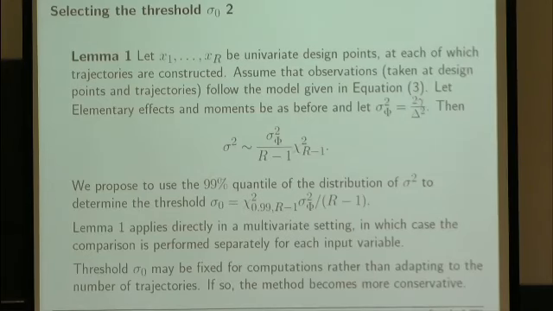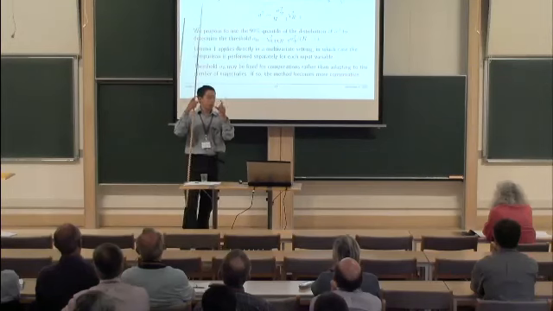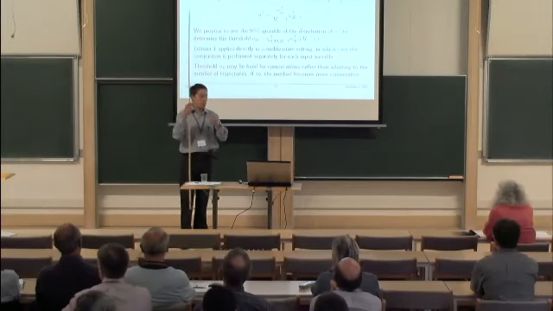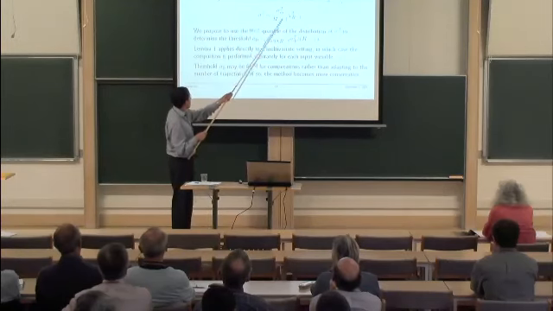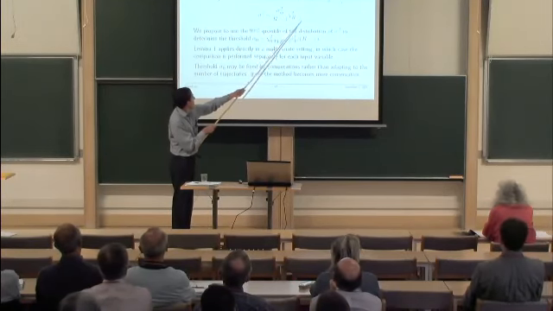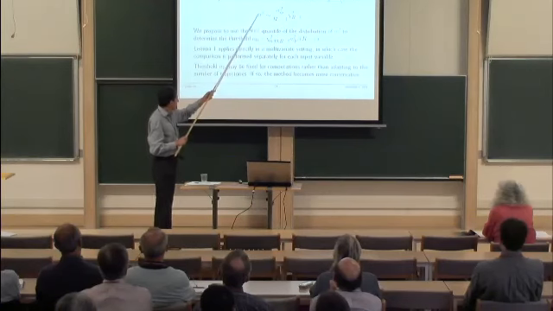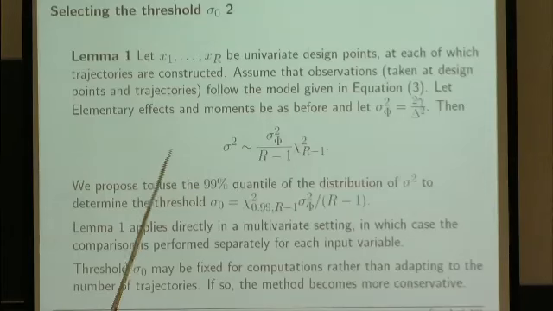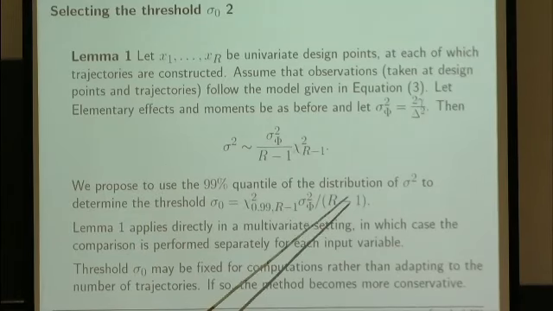It is nothing more than the distribution of the sum of squared differences between observations and the mean, which follows a scaled chi-square distribution with r-1 degrees of freedom. Remember, again, this should, in all honesty, have a hat there. Good. What we propose is to use the 99% quantile of this distribution to determine the threshold, so this is a proposal for that.